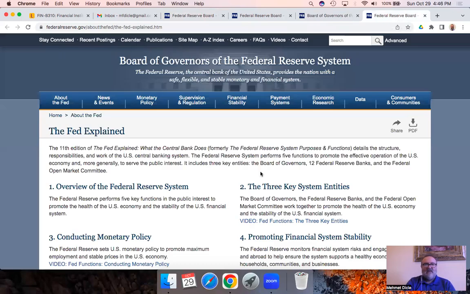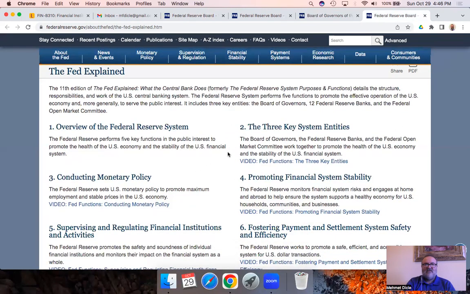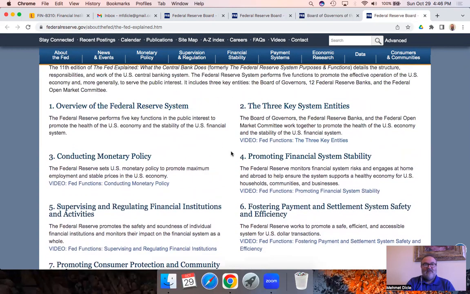So I want to talk about this individual book. This is a substantial resource provided by the Federal Reserve, and it basically explains exactly what we're talking about in great detail. And these are some of the jobs that they actually do and their structure, and how they actually perform their monetary policy.